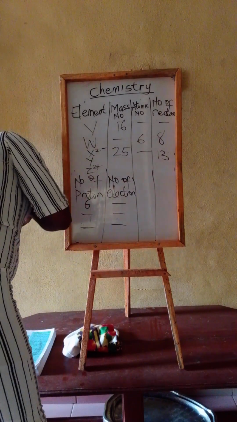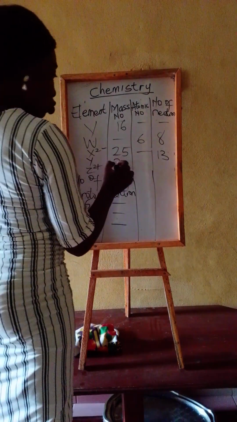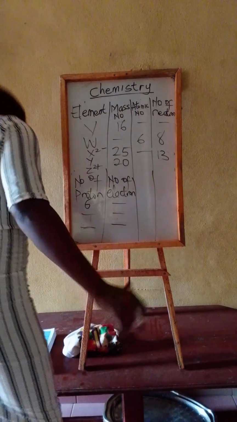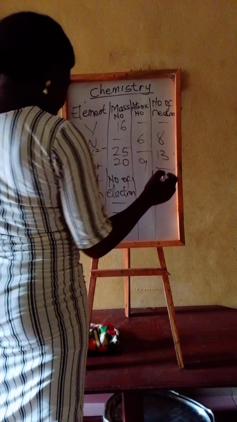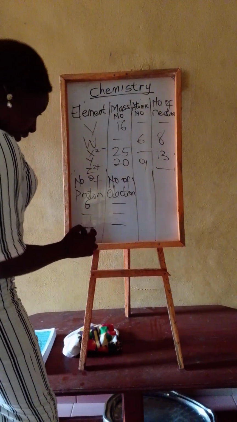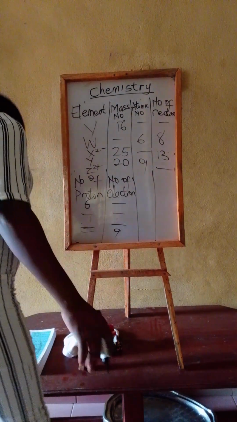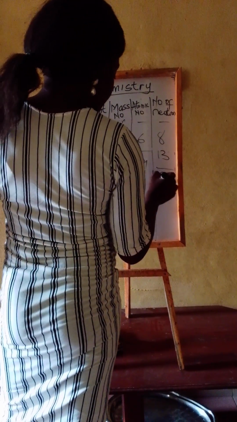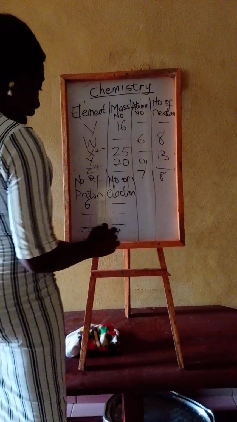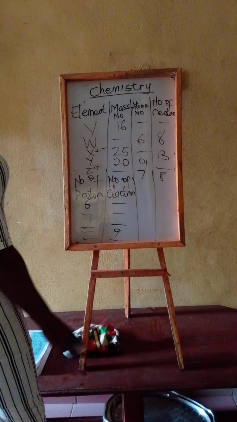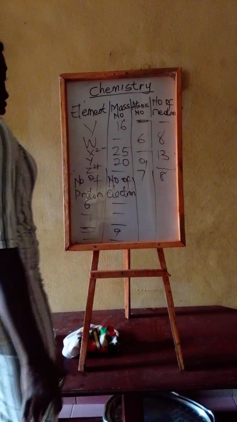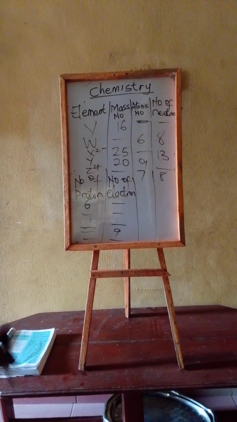Then we have Y, which is 29, dash 9, and the last one is dash 78. So we are going to look at all this filling the gap, the empty space. We'll look at it one after the other.